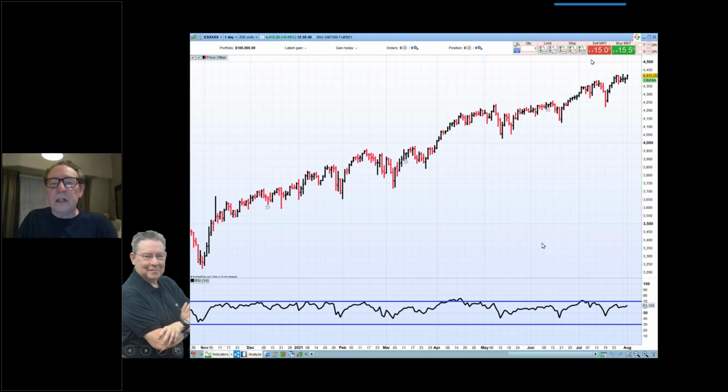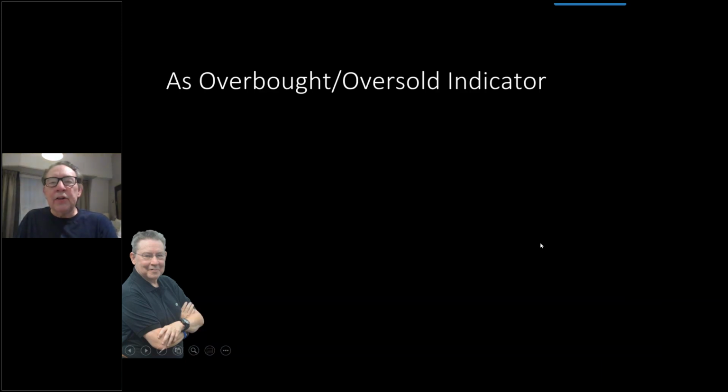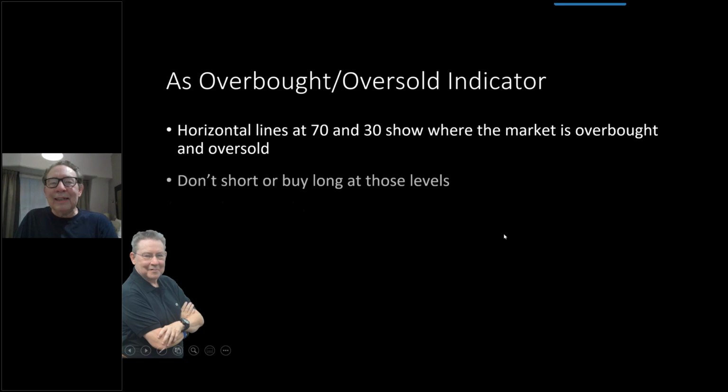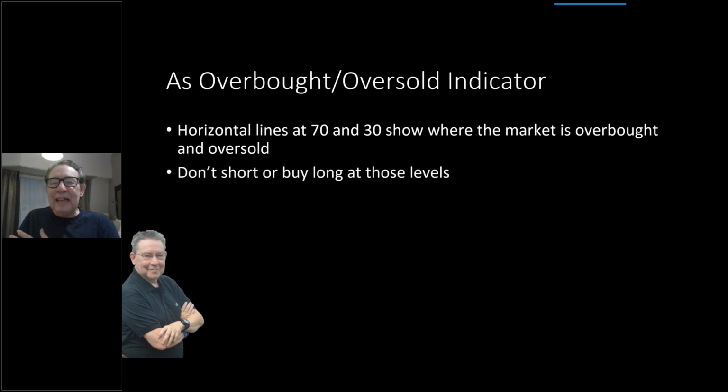So let's take a look at this a little bit closer. If we want to use it as overbought, oversold, then a better way, if you're going to say overbought is above 70 or 80, as I suggested earlier, is don't go long when a market's overbought. That's usually going to be a losing proposition. Don't go short if the market's oversold.